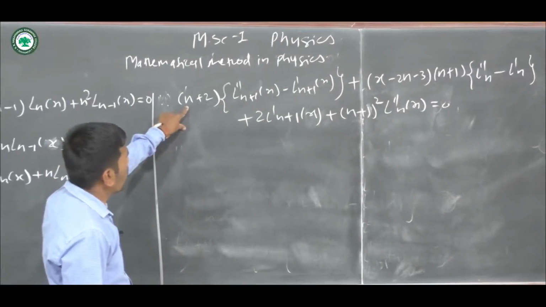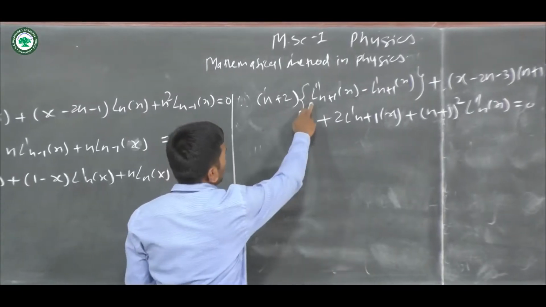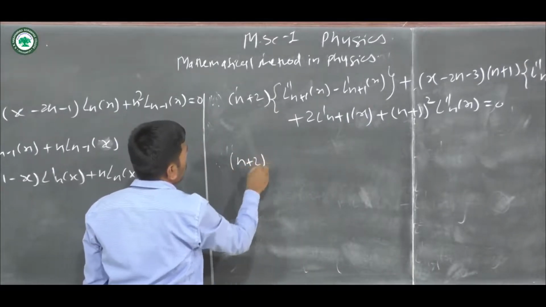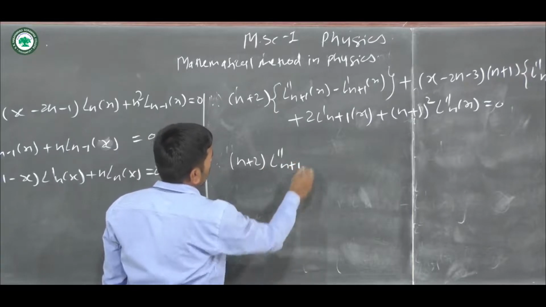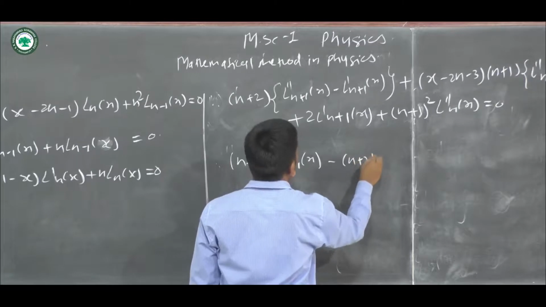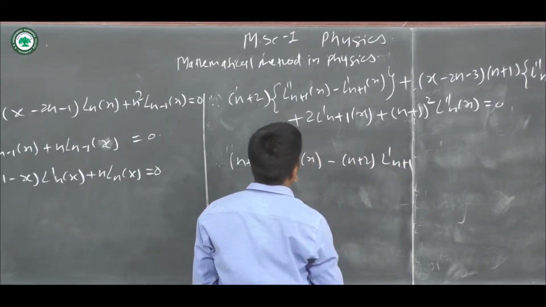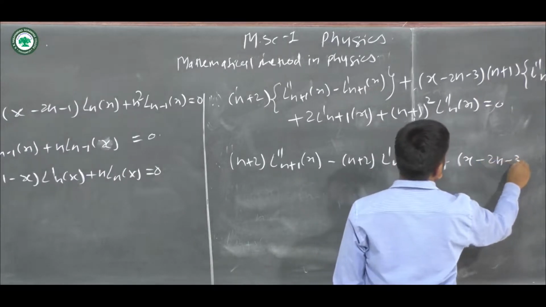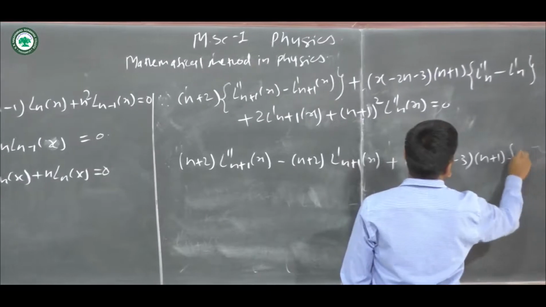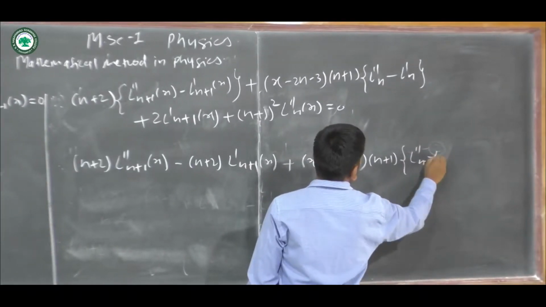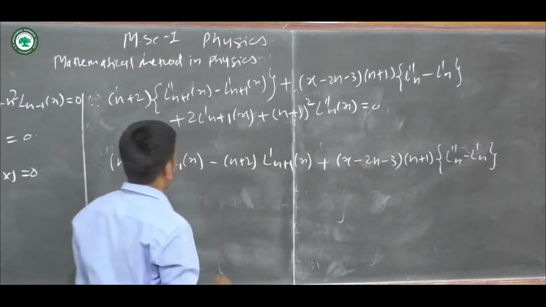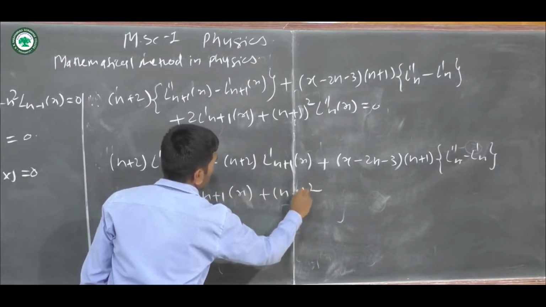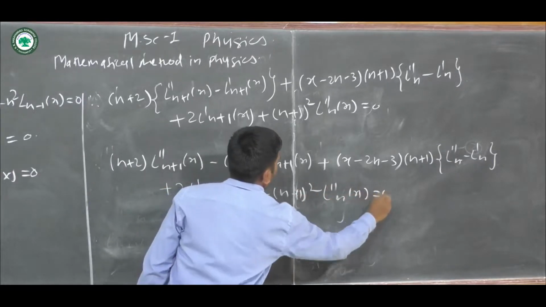So from this, if I now multiply with this L double prime n plus 1, here is the n, okay, I first multiply (n plus 2) L double prime n plus 1 of x minus (n plus 2) L prime n plus 1 of x, plus x minus 2n minus 3, (n plus 1) L double prime n minus L prime n, plus 2 L prime n plus 1 of x plus (n plus 1) bracket squared L double prime, okay.